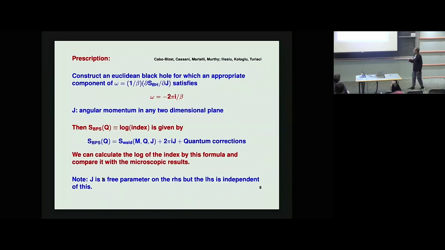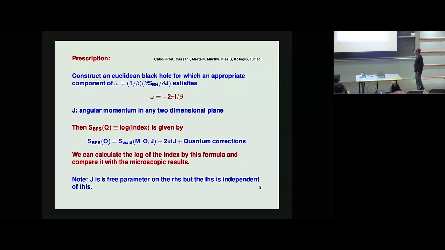You construct a Euclidean black hole for which an appropriate component of the chemical potential, or of the angular velocity, satisfies the relation omega = -2 pi i / beta. What do I mean by appropriate component? We take the angular momentum to lie in a two-dimensional plane, any two-dimensional plane, it doesn't matter, but you fix a plane, let the angular momentum take value in that plane, and then the chemical potential is defined corresponding to that plane. The other components of angular momentum are set to 0.